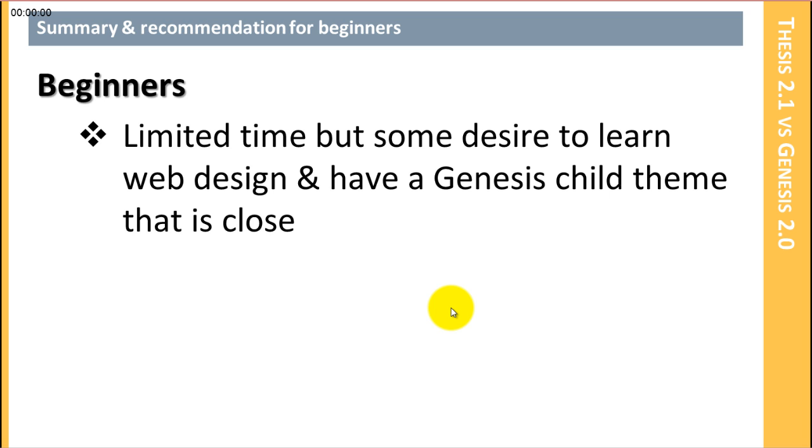Either way, you can take a child theme, and if it's close to what you want, make minor modifications to it without having to learn a whole lot of stuff. You're still going to learn some stuff, but you don't have to learn a whole lot of stuff. And you can quickly come to, again, a polished looking site with a fairly limited amount of learning.